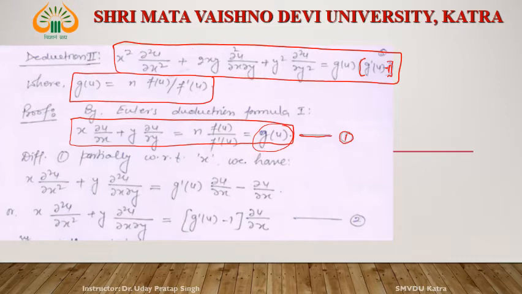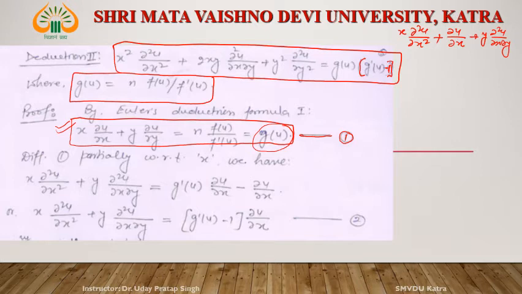Now differentiating equation 1 with respect to x partially, what do we obtain? x ∂²u/∂x² plus, using the product rule, first function x times the derivative of the second function, plus the second function ∂u/∂x times the derivative of x, which is 1, plus y times the derivative of ∂u/∂y, which is ∂²u/∂x∂y, and the derivative of y is 0.